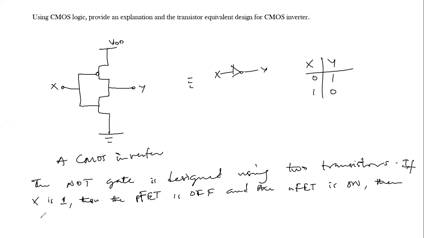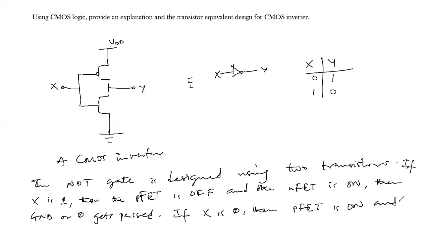Then the ground or 0 gets passed, right? And alternatively, if X is 0, then the P-FET is on, and then the N-FET is off.